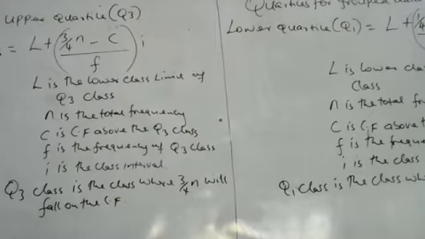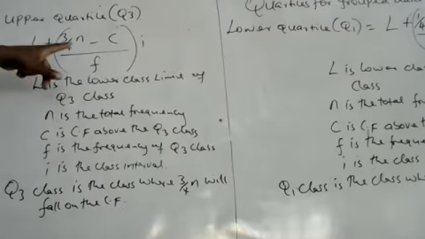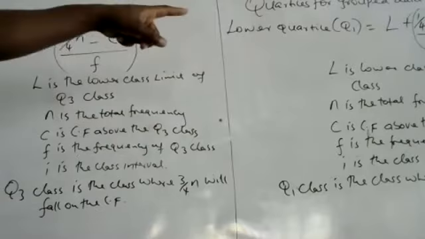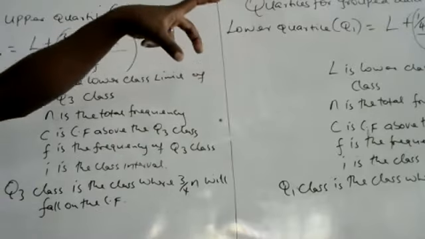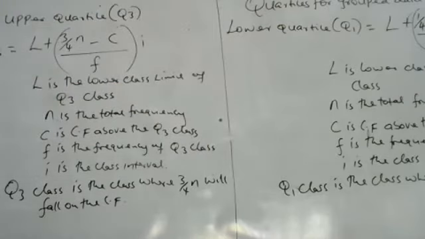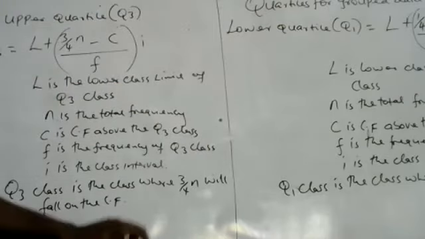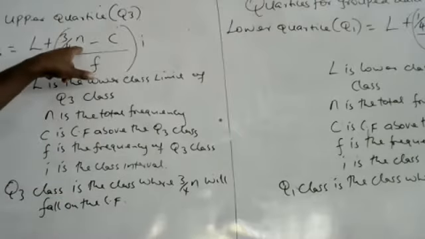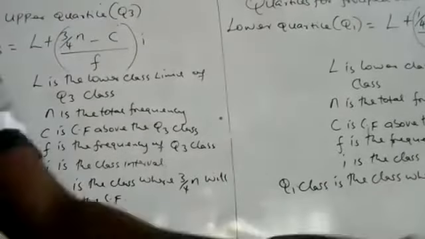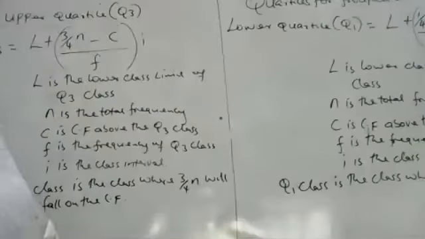That is the most important thing for you to know. 3/4 N will give us the upper quartile class, 1/4 N will give us the lower quartile class, and N/2 will give us the median class. This is the crucial part that gives us the class we are interested in. So we can do a question to demonstrate that.